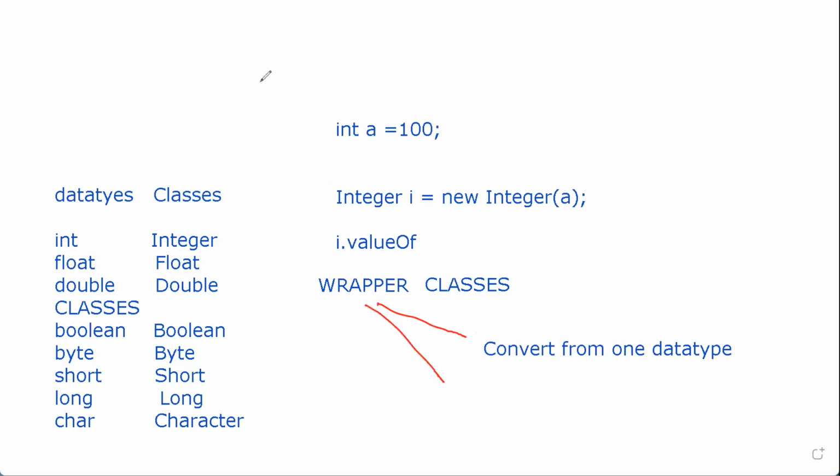Another use of wrapper classes is that we want to use them in the collections framework. All the wrapper classes will be used in the collections framework. So with this understanding, I will show you how we can do it in Eclipse. Let me switch the sharing.